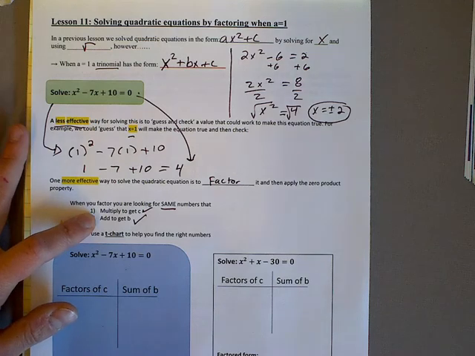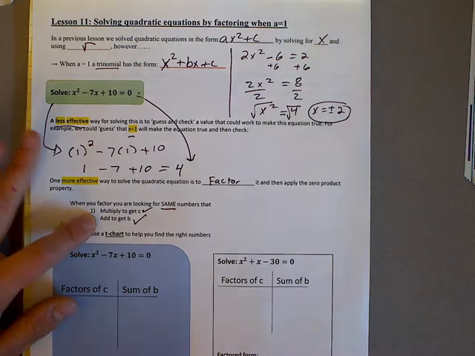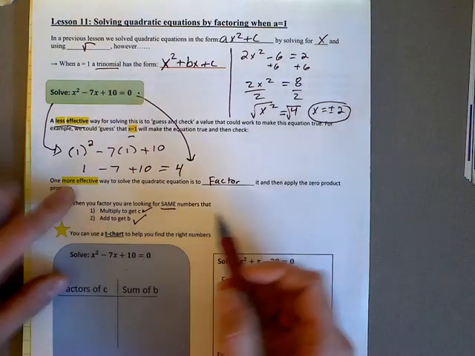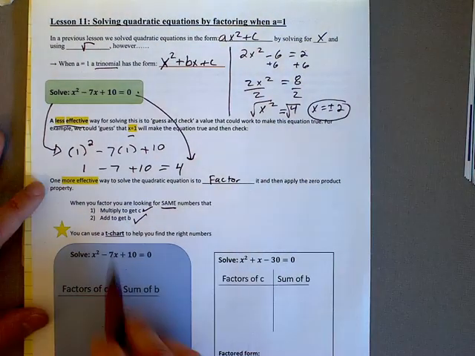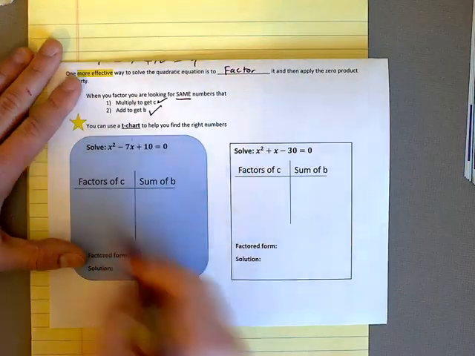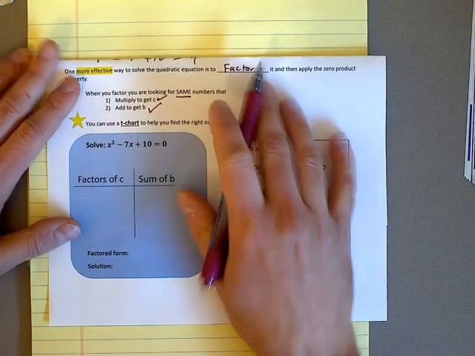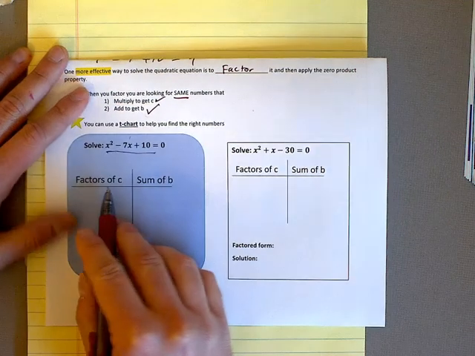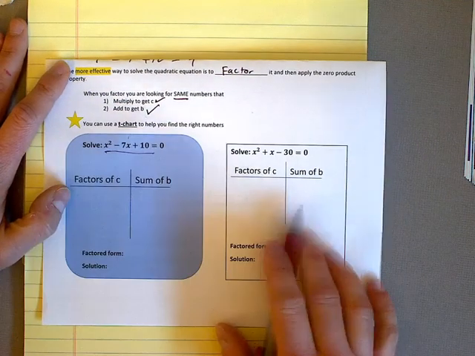And one way at first when you're learning this is to set up what's called a t-chart, which looks like this. You can draw a T, and then you would put factors of c. So in this example, factors of c.